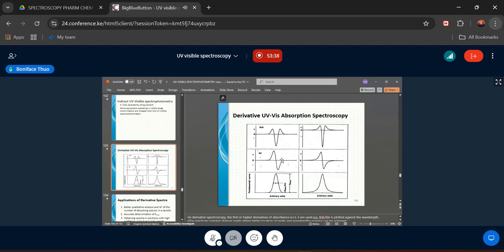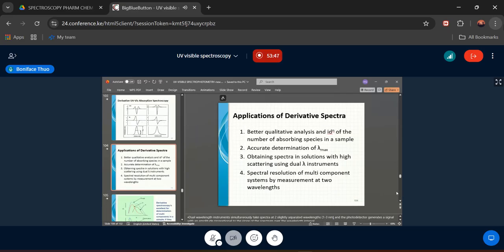And if there was an interfering substance, then it will be clear when you plot absorbance against the first derivative of wavelength. So this derivative spectra can be used for better qualitative analysis and identification of the number of absorbing species. So we have said that if they are different, then you'll be able to determine how many they are and the lambda max.